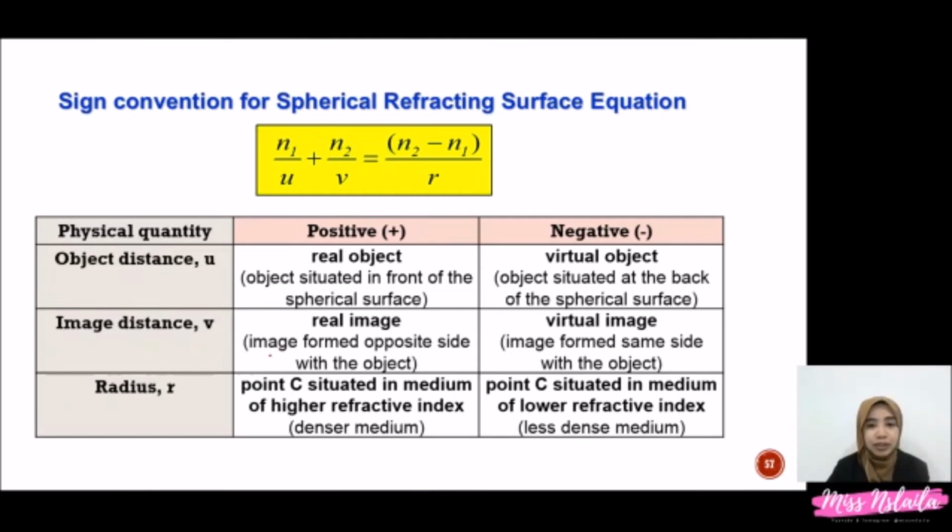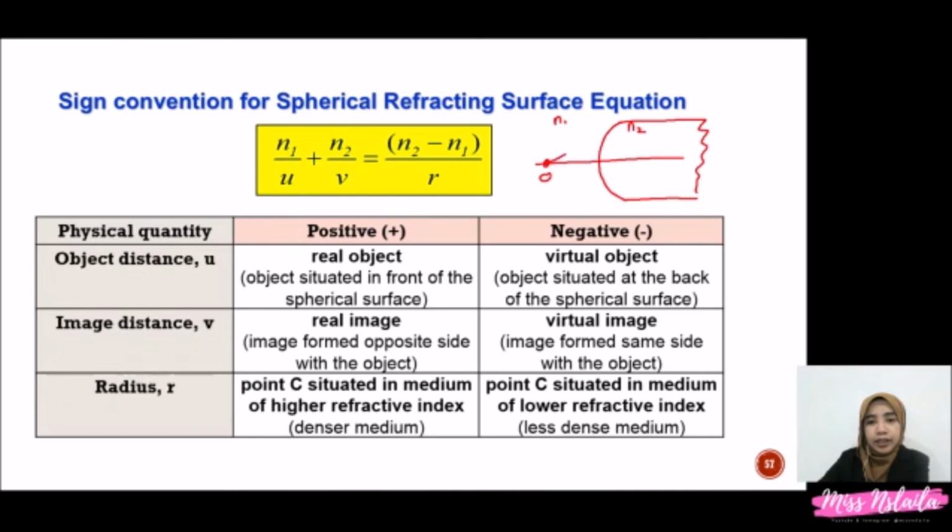So let me show you an example. Let's say I have a convex surface right here, and the object is situated here. If the object is situated here, the incident ray will come from here. So this will be N1 and this is N2.